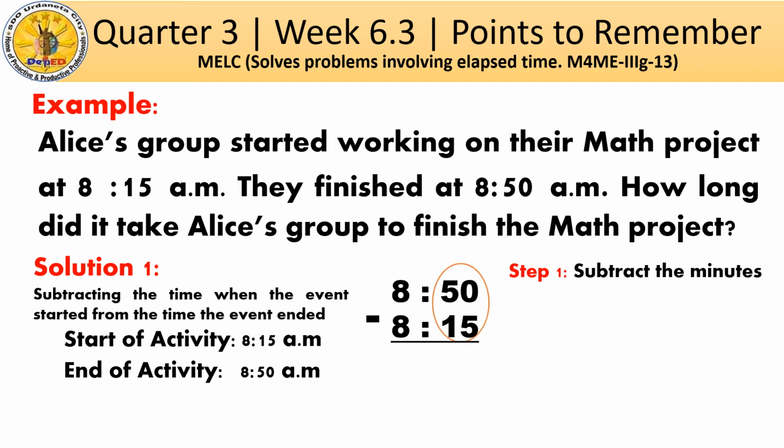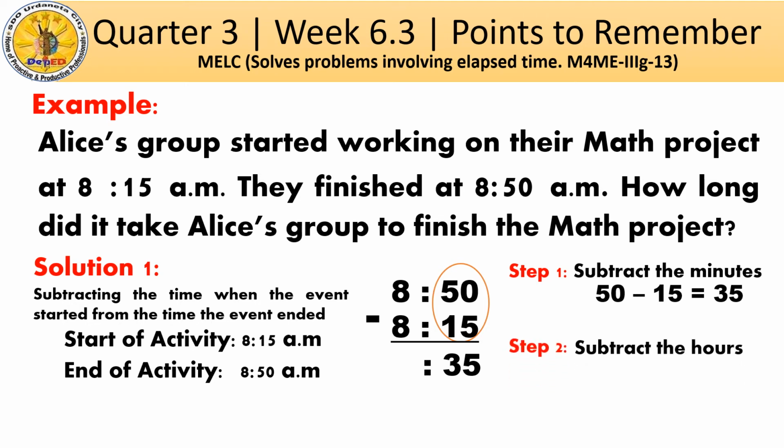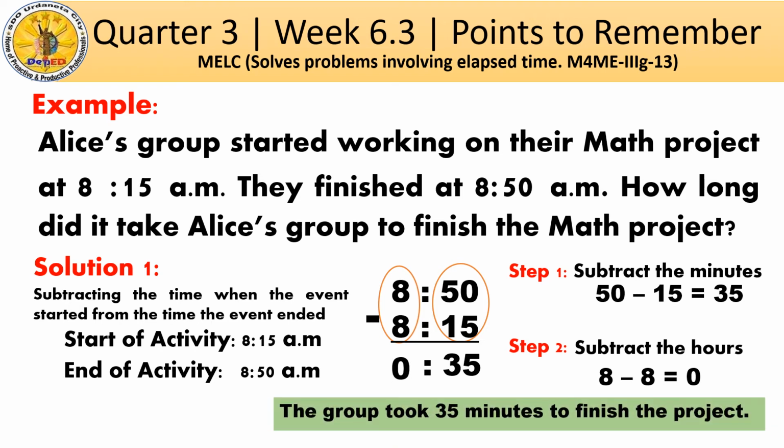So, 50 minutes minus 15 minutes. So, the answer is 35 minutes. Step 2, subtract the hours. So, 8 hours minus 8 hours is 0. So, the group took 35 minutes to finish the project.